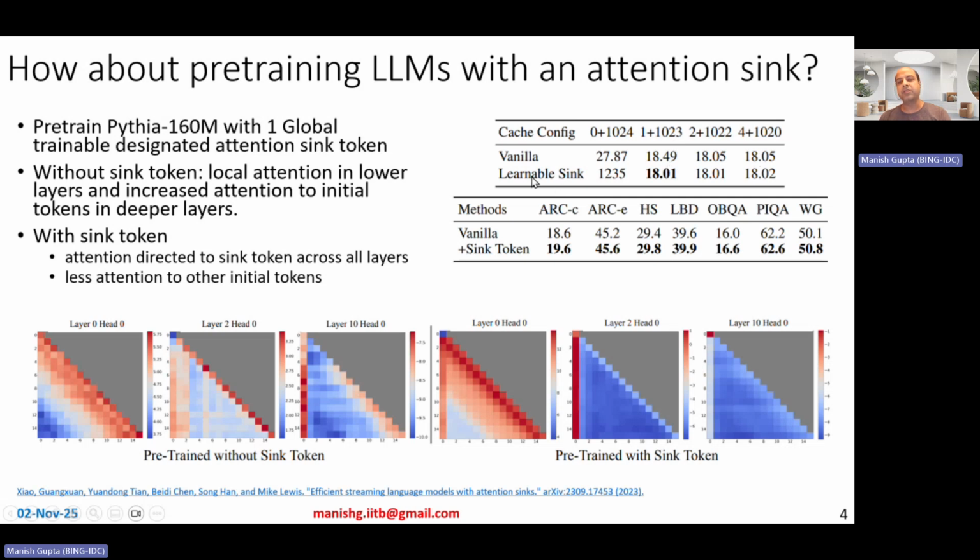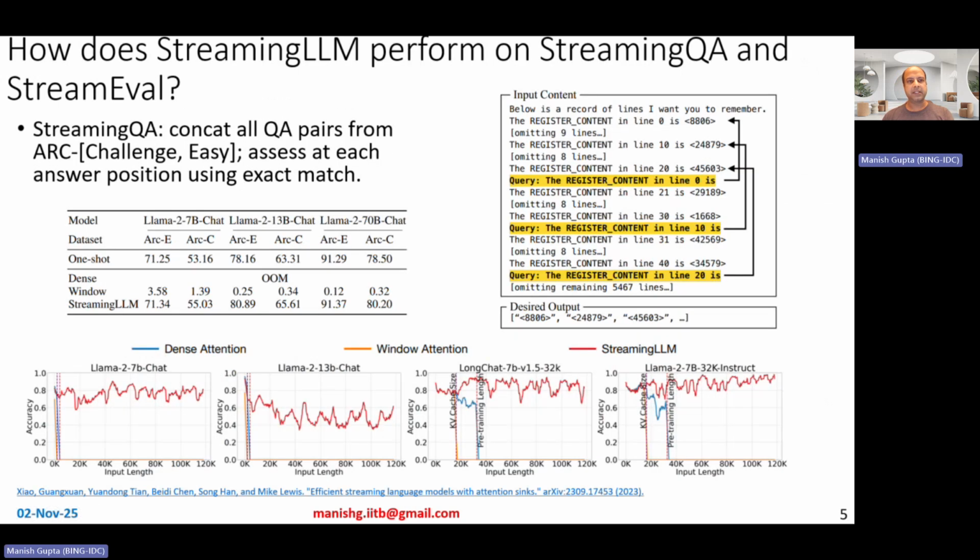But when you use the learnable sync, with just one sync token, your perplexity values can be pretty low. And learning with this attention sync technique does not lead to any reduction on downstream tasks. If you evaluate the accuracy of these models on various natural language processing tasks, none of these tasks suffer. So that's not a problem at all. Okay.